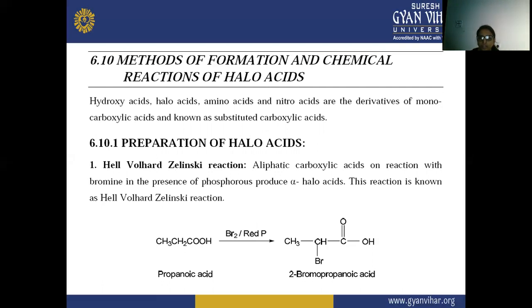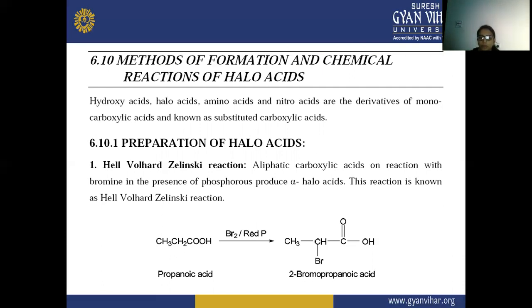In this, when we are reacting the aliphatic carboxylic acid with bromine, in the presence of red phosphorus, it produces alpha halo acids. And this whole reaction is known as your Hell-Bullard-Zelinsky reaction.